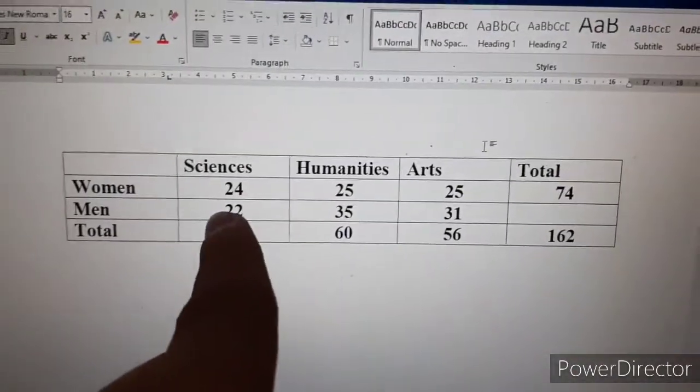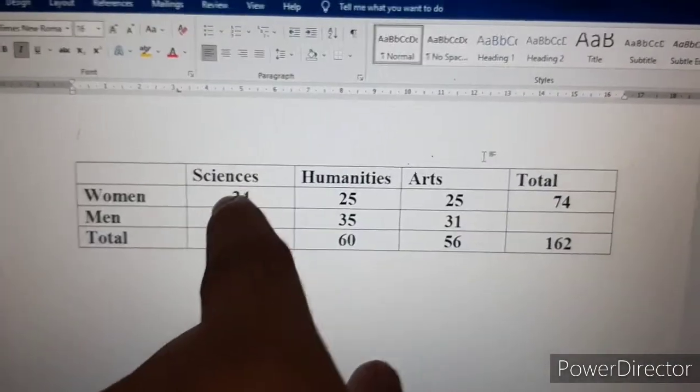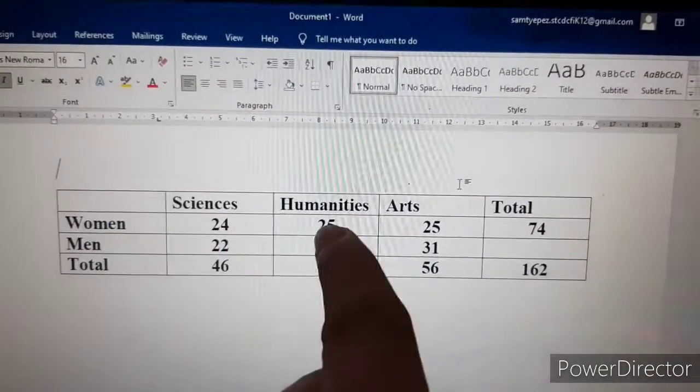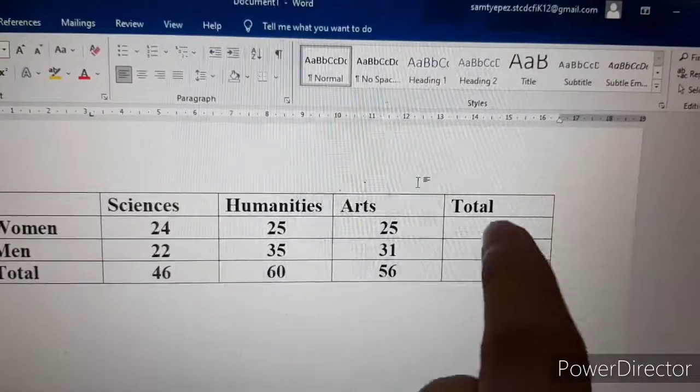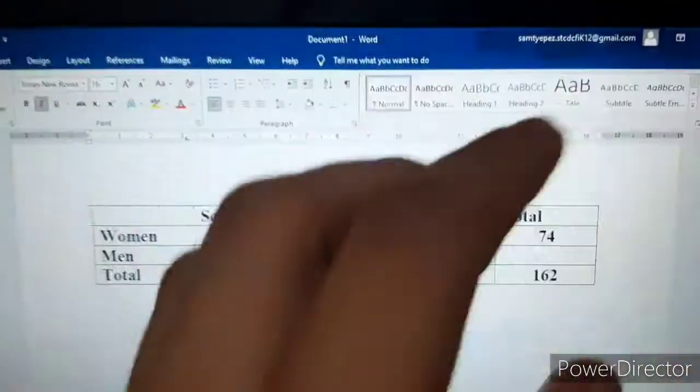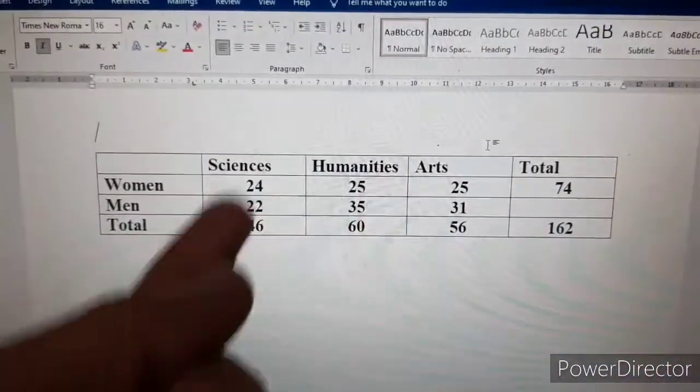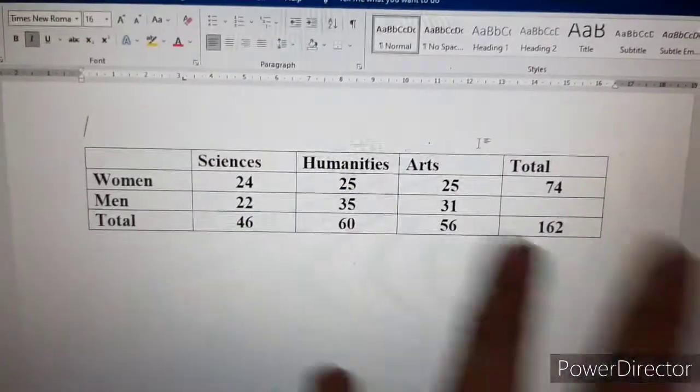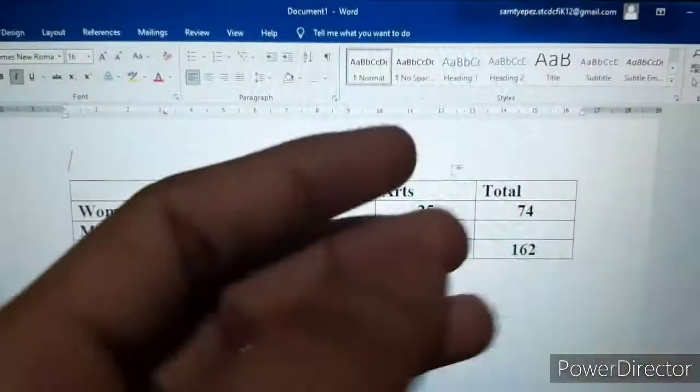So the total of women overall who went to the three subjects, we're just going to add everything here: 24 plus 25 plus 25 equals 74. That is the amount of women in this whole problem. And now we're just going to search for the total amount of men in this problem.